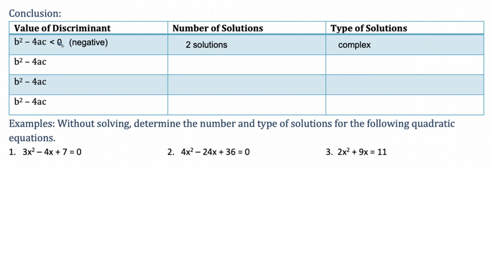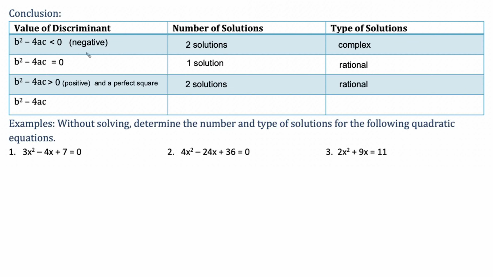If the discriminant's less than 0, it's negative. Well, we know if it's negative under a square root, we have 2 complex solutions. Next, we'll look at what if it is equal to 0. So we're starting in the negatives, working our way up. If it's equal to 0, we saw that we would have one solution, and it would be a rational solution.